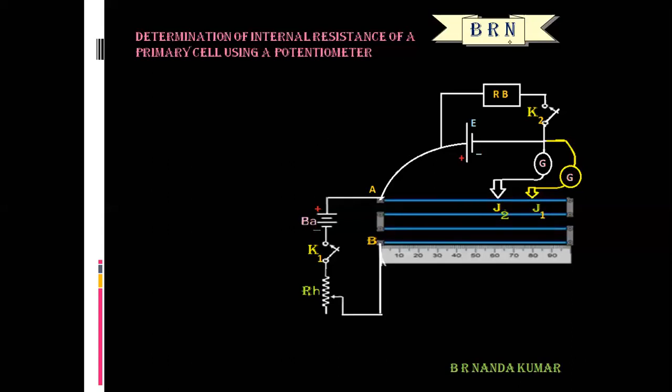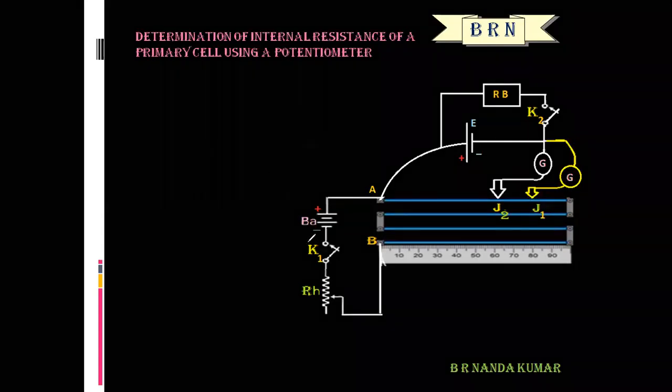So what is the meaning of potentiometer? Potentiometer is a device used for measuring an unknown EMF or potential difference accurately. The potentiometer consists of a long wire AB, of length 1 meter or 4 meter or 10 meter.